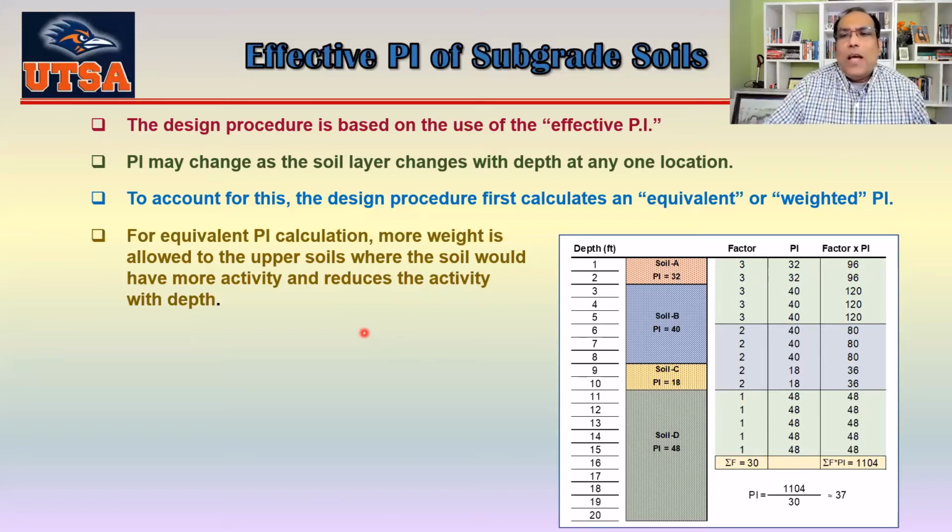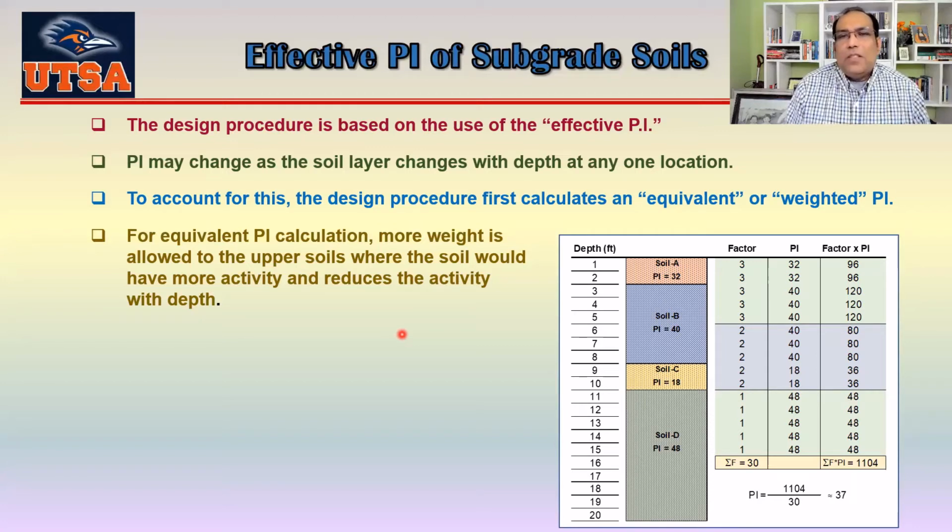So basically, to calculate your effective or weighted PI, the soil within the first 15 feet from the surface is important. Any soil below 15 feet will not be counted for this design method. Why is that? Because we know that the slab-on-grade foundation is applicable for lightweight structures, usually from 1 to 3 story buildings.